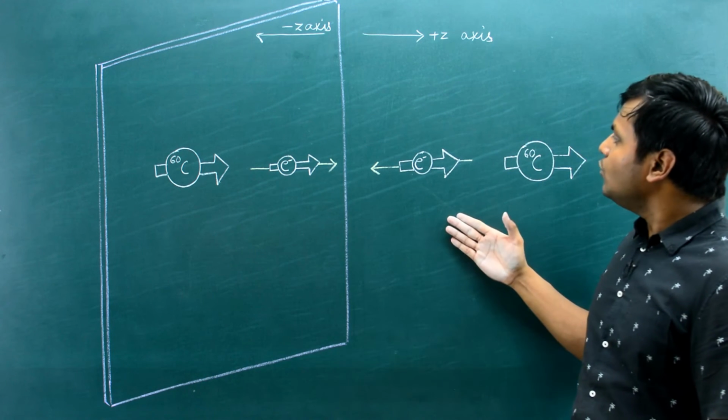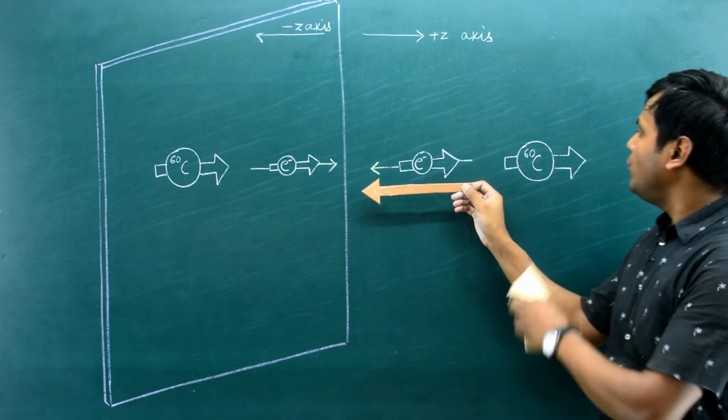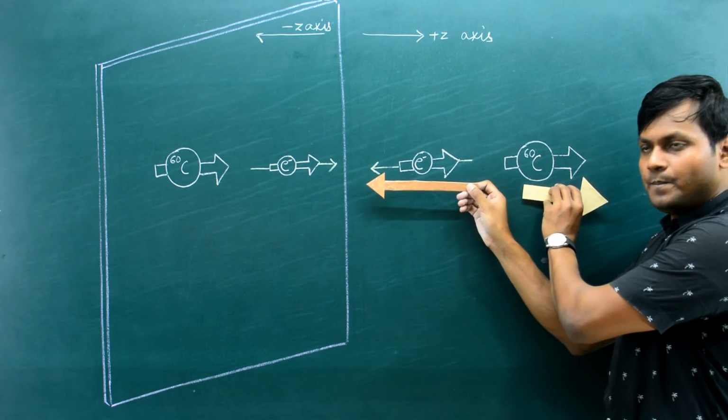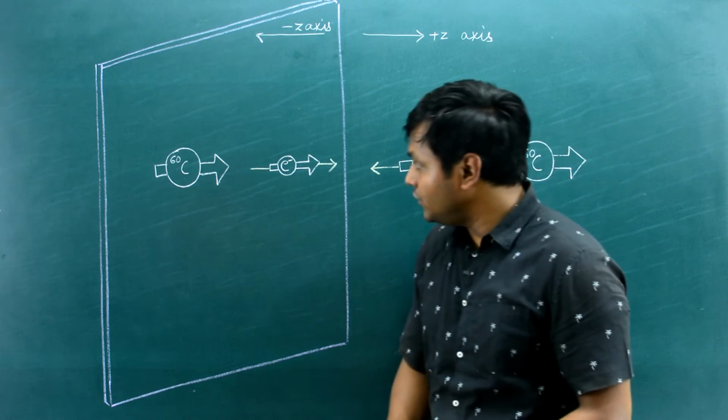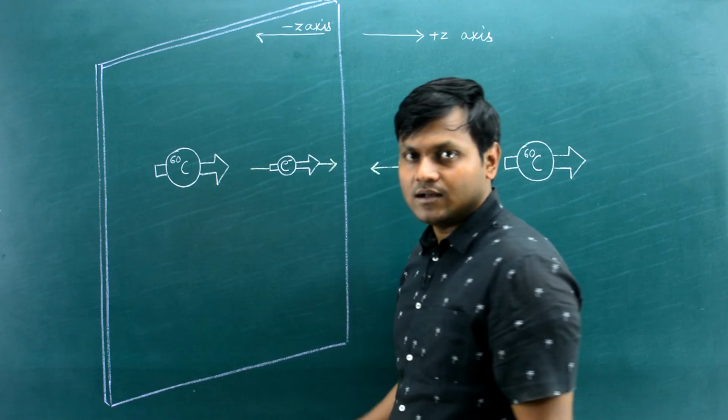So in the real world, the electron is emitted opposite to the cobalt spin, but in the mirror-inverted world, the electrons are emitted in the same direction as the cobalt spin.